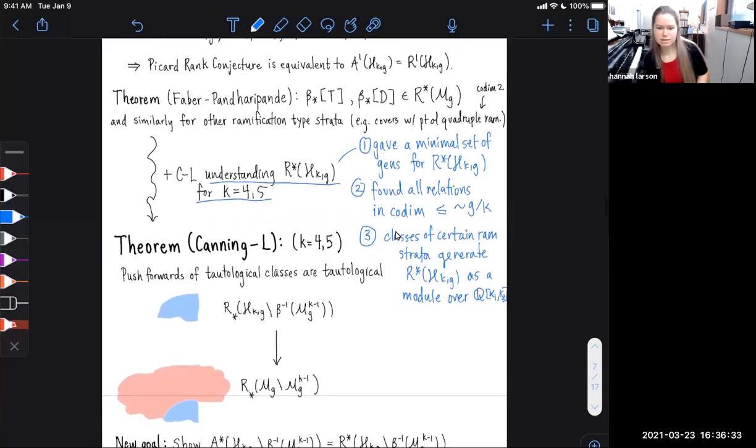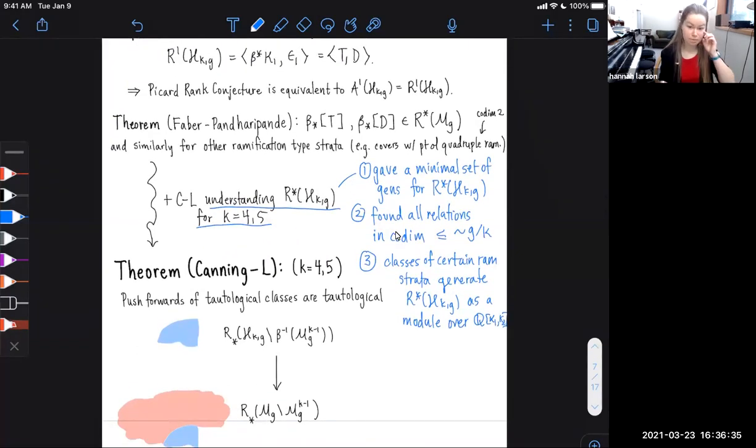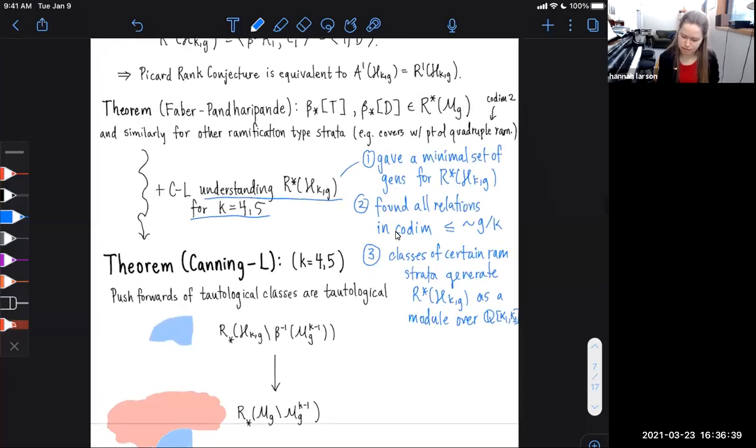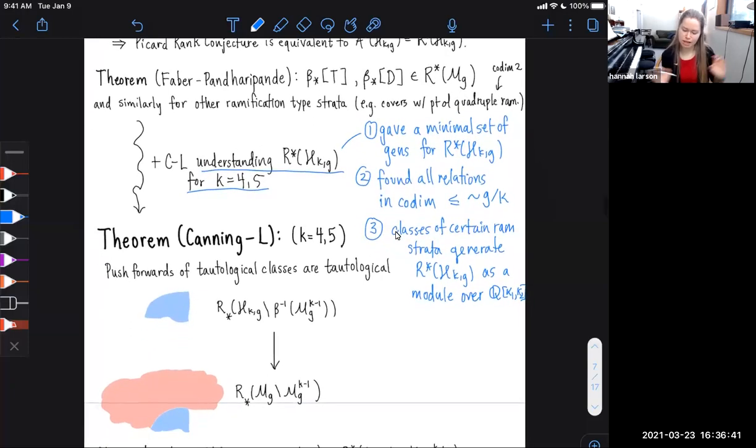But I think this gets back to Bert's question. So you can't necessarily just multiply ramification strata, but what we found is that if you allow yourselves coefficients which are polynomials in the kappa classes, then a certain list of ramification strata actually generate all tautological classes.